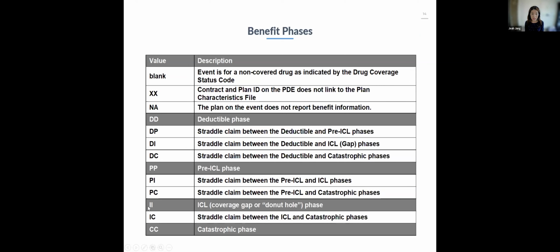And this is essentially the donut hole or coverage gap. But because the official name is ICL, initial coverage limit, it says II. And IC is a straddle between ICL, the donut hole or coverage gap, and the catastrophic phases.